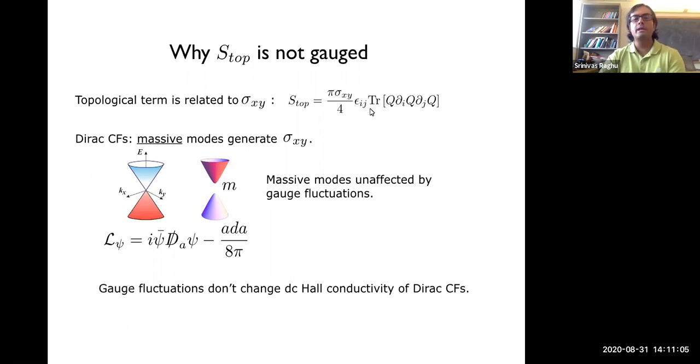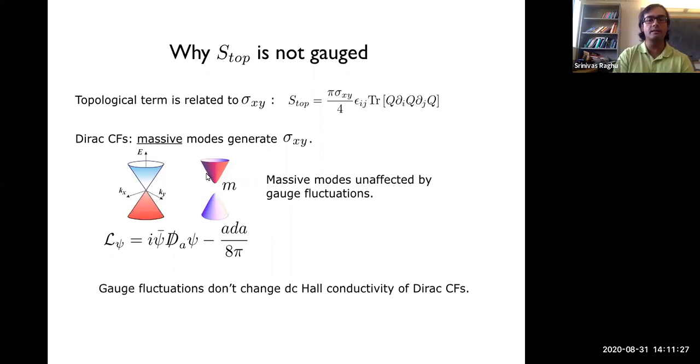And when we gauge this term, these derivatives would get promoted to covariant derivatives, and that would mean that gauge fluctuations would renormalize sigma xy. But in the Dirac composite fermion theory, the massive degrees of freedom are the ones that are responsible for sigma xy. There's a light Dirac fermion which has time reversal symmetry, so it doesn't have any Hall conductance contributions.